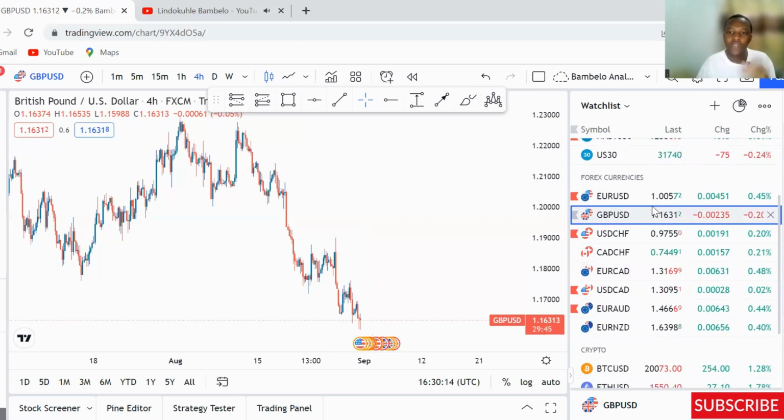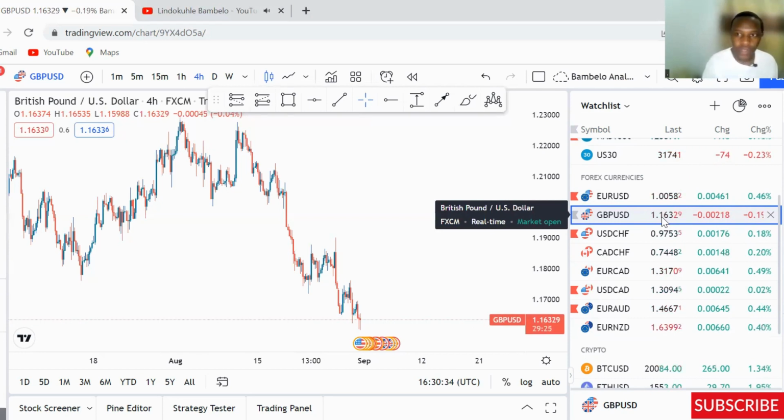For example, if I'm trading Euro USD, I don't necessarily have to trade GBP USD, because if Euro USD is a follower, it follows up on what GBP USD does, then I don't necessarily have to trade GBP USD. I can use GBP USD as some sort of reference to help me trade Euro USD, right?